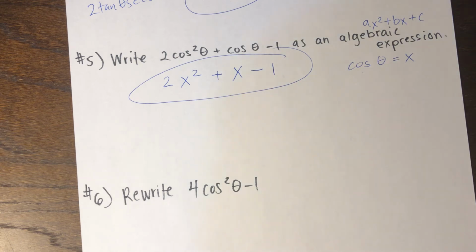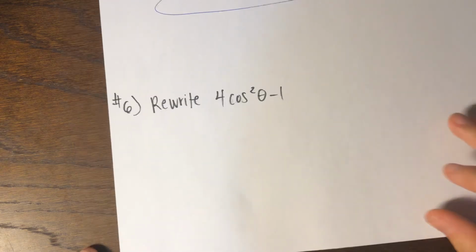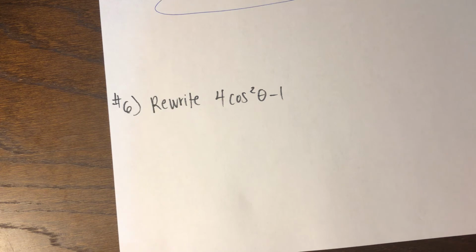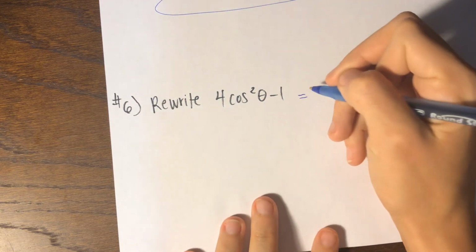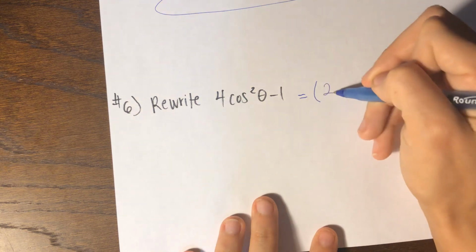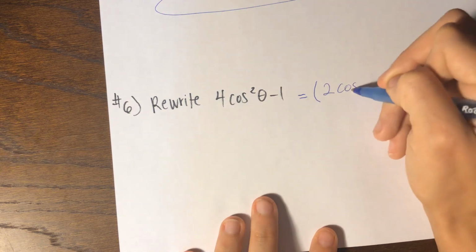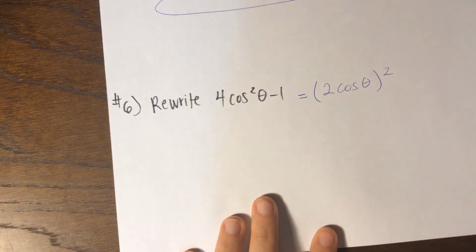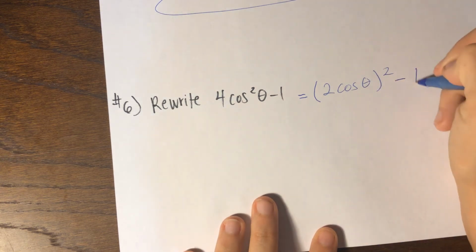Last but not least, they want us to rewrite 4 cosine squared of theta minus 1. I can change this to 2 cosine theta, squared, minus 1.